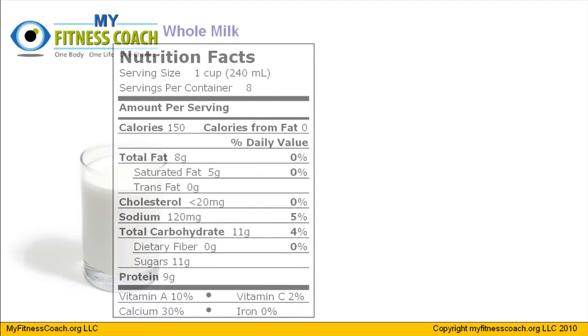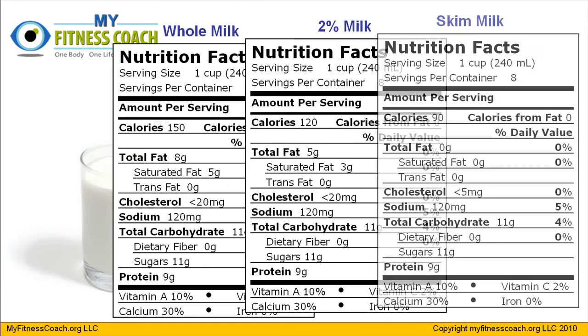So last time that we talked about fat in general, we brought up some examples. In particular, we brought up whole milk, 2% milk, and skim milk. We're going to look at that again today because what I want to point out today is the saturated fat in these. If you look at whole milk, there's saturated fat, which will always be located directly under the total fat.